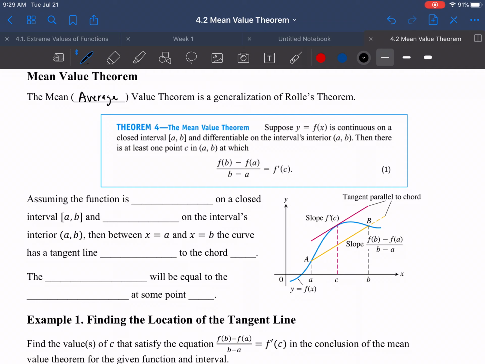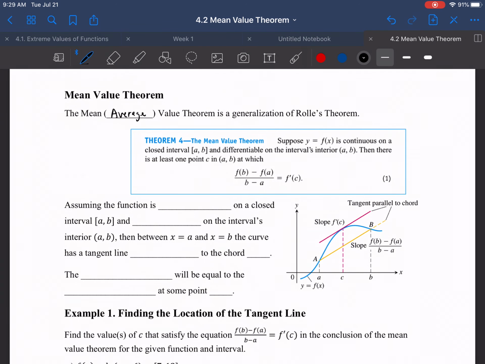They could justify giving you a ticket for your average speed because at some point during that trip, since your car has to change speeds continuously, and if we graphed it out, it would be a differentiable graph, at least at one point you had to have been going your average speed. I don't know if they still do that. I know there was a lot of uproar over it, but that was the basic argument: we could give you a ticket because we know you had to have gone your average at least at one point. So let's look at this.